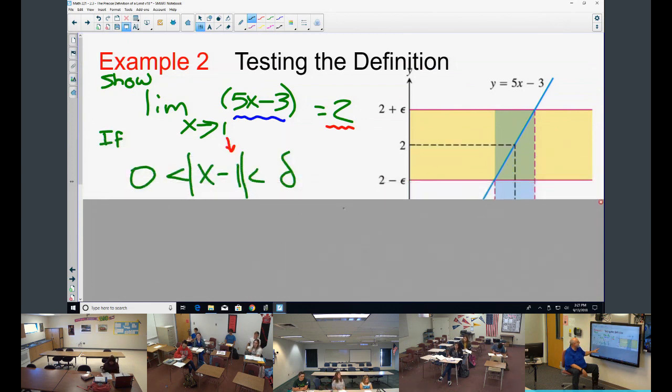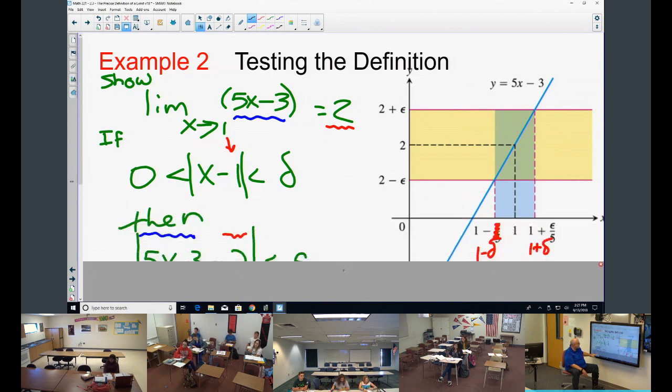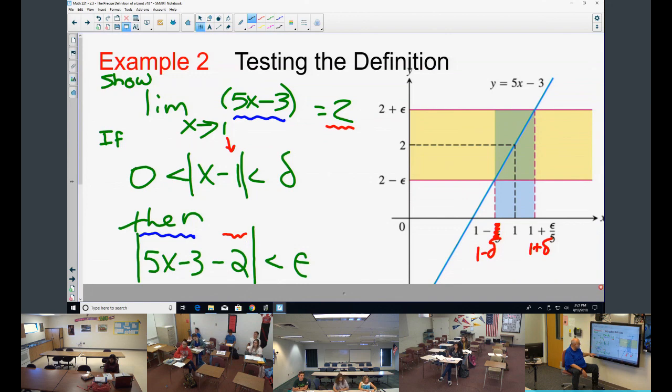What we're going to do is say 0 is less than the absolute value of x minus, and whatever x is approaching goes here, is less than delta, implies the absolute value of the function, so 5x minus 3 goes here, minus the limit goes here, is less than epsilon. What we're going to try to do here is find delta.